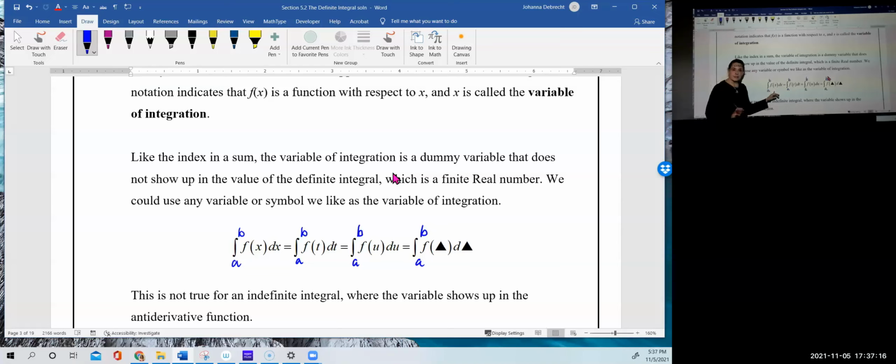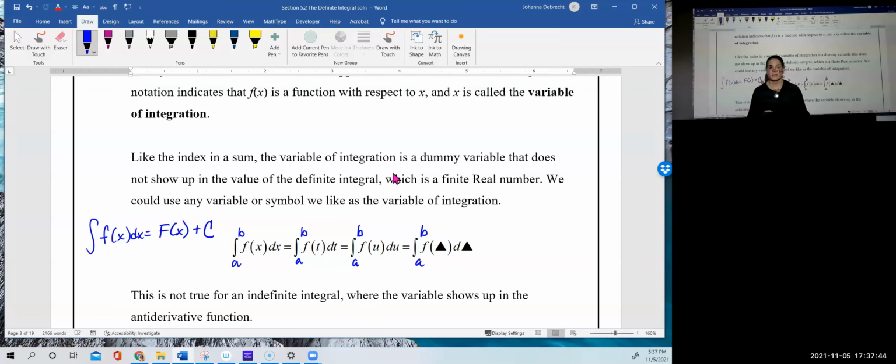When you have a definite integral, it doesn't matter whether you have x or t or u or a triangle. When you have an indefinite integral, the variable that shows up in the differential affects the variable you use in the antiderivative. So for example, if I have the indefinite integral of f of x dx, I expect to get an antiderivative function of x.